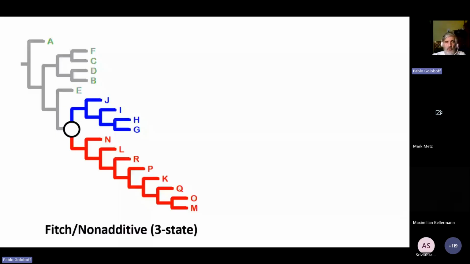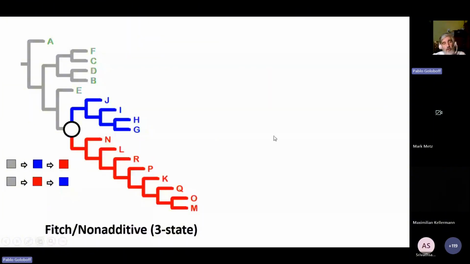In that case, for this node, you can think of a no tail transforming into a blue tail in this node, and then into a red tail, which will imply 2 steps. But you can also think of a no tail transforming into a red tail, and then into a blue tail, which is fine. It's again 2 steps.